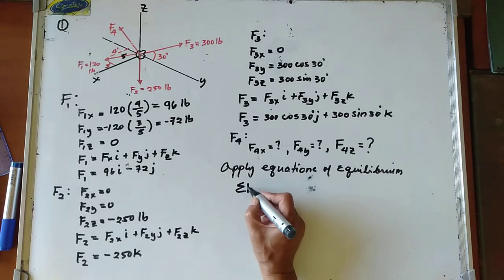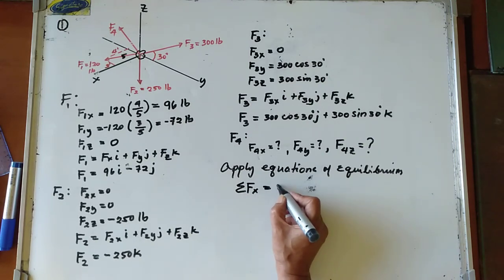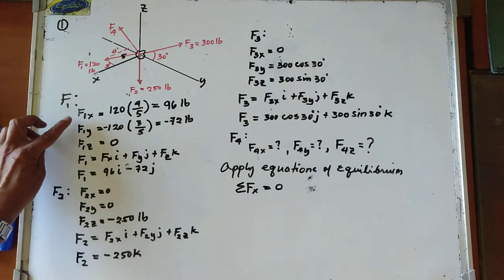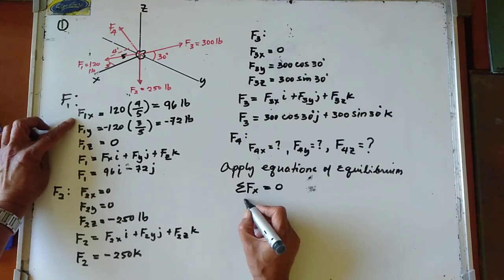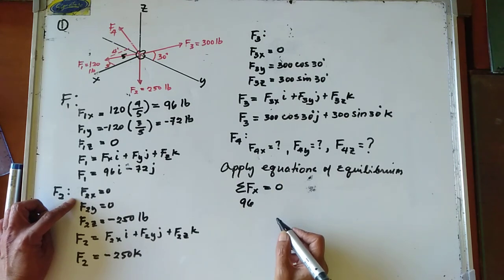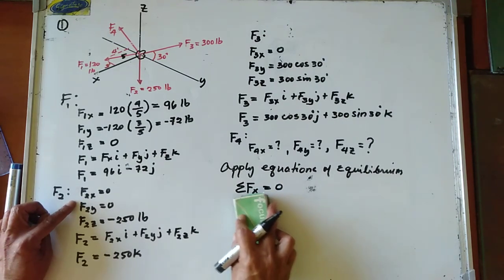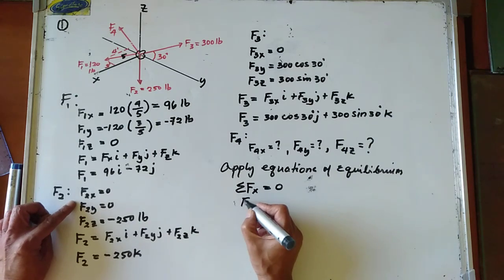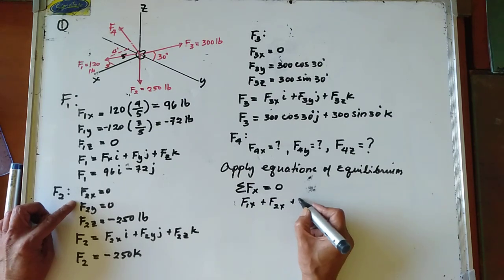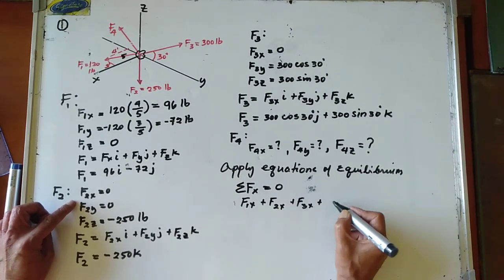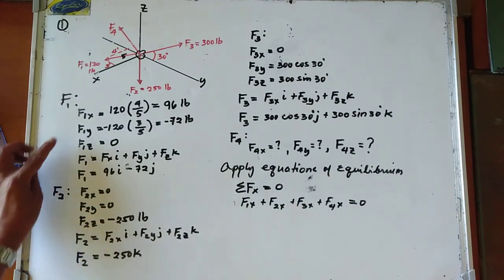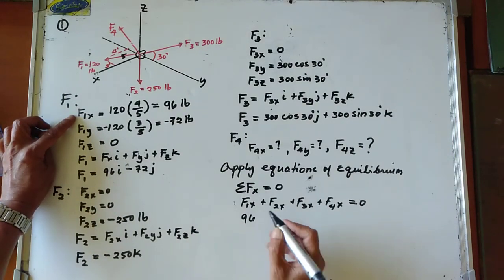So summation of forces along the x is equal to 0. So you have F1x plus F2x plus F3x plus F4x equal to 0. F1x is equal to 96.